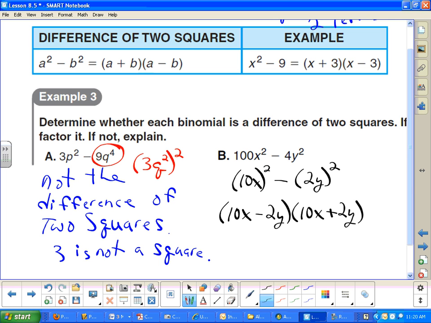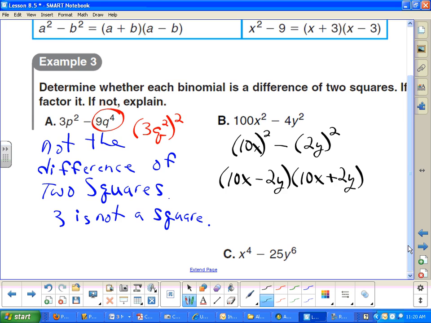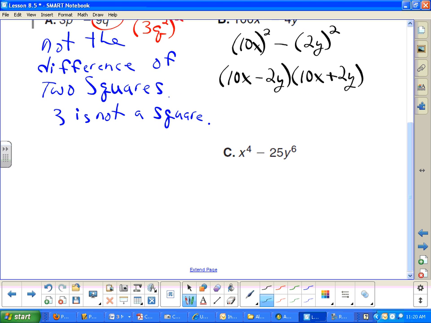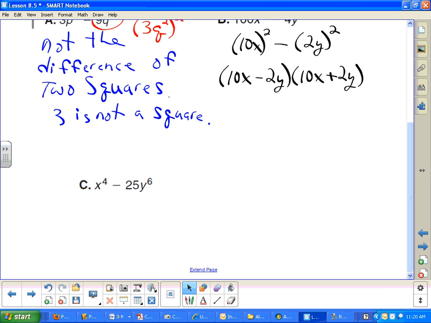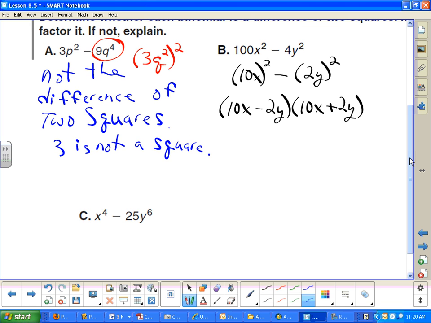So I could, in this case, it'll look different, but it's the same answer. I could write this as 4 times 25x squared minus y squared. Now, is this part here the difference of two squares? This is 5x is squared here, right?